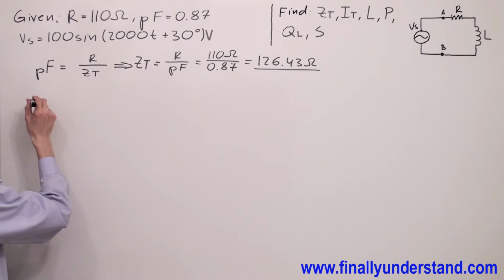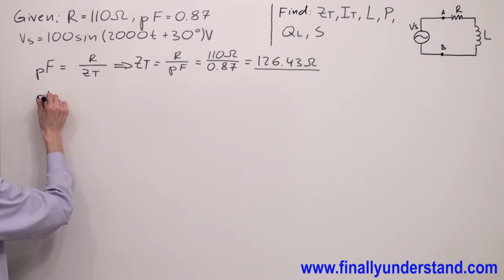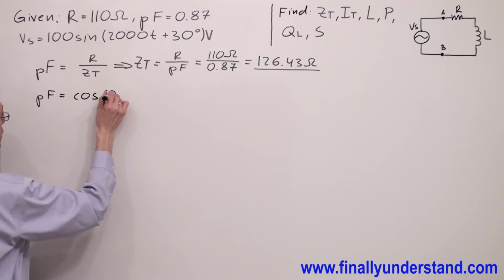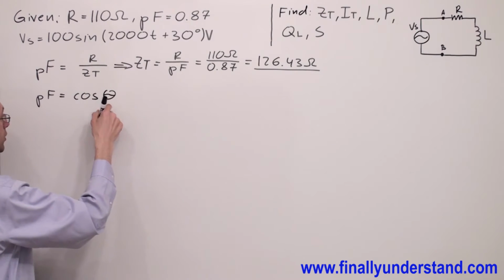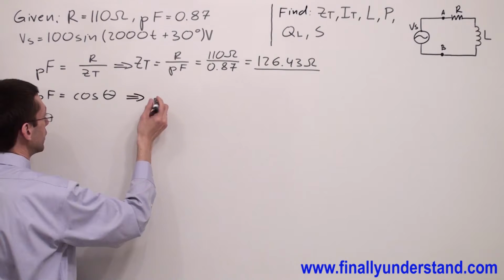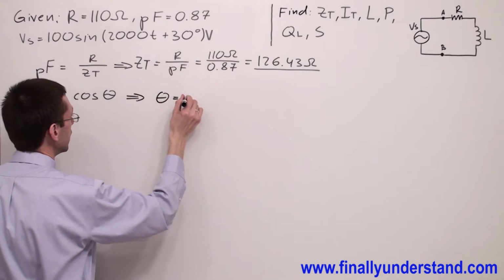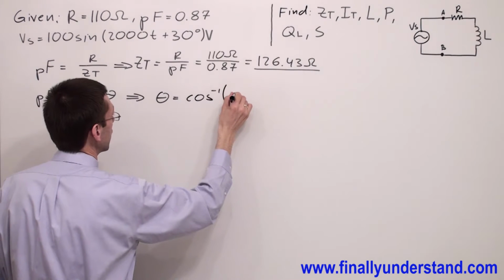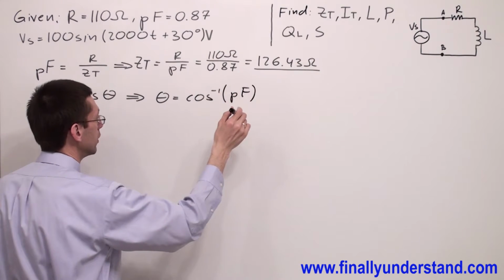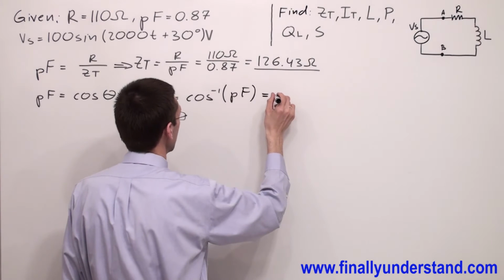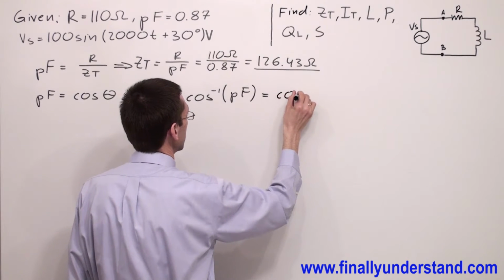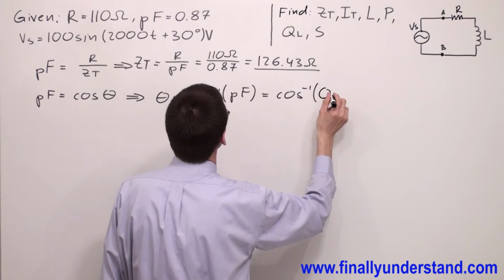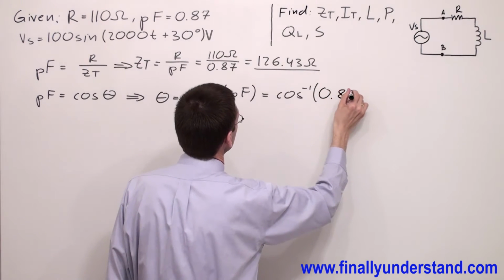Remember, we have another formula for power factor, which says power factor is equal cosine of angle theta. In order to find angle theta, I'm supposed to simply write theta is equal inverse cosine of power factor. So this is equal inverse cosine of 0.87.